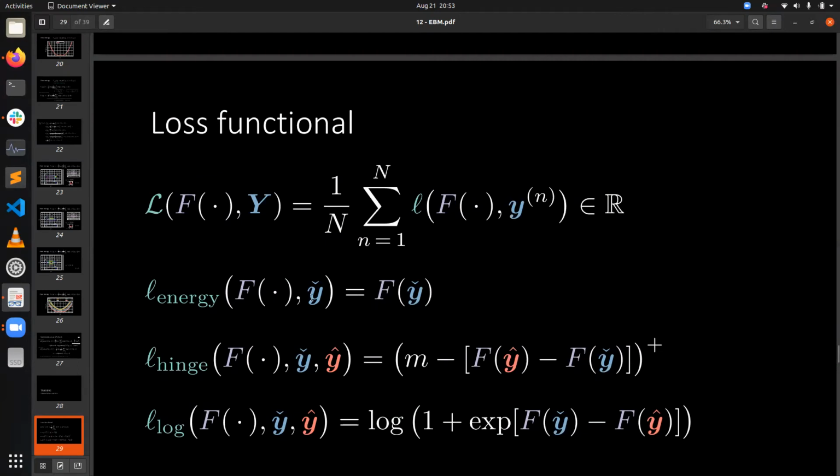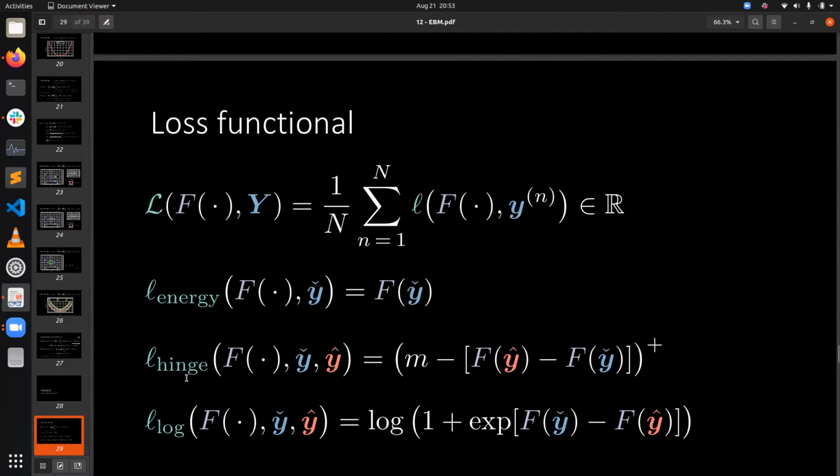We have seen all of this before. The idea is you want to suppress the energy of all the training data points, right? Energy at all the training data points should be as low as possible, so you can just take that as your loss.